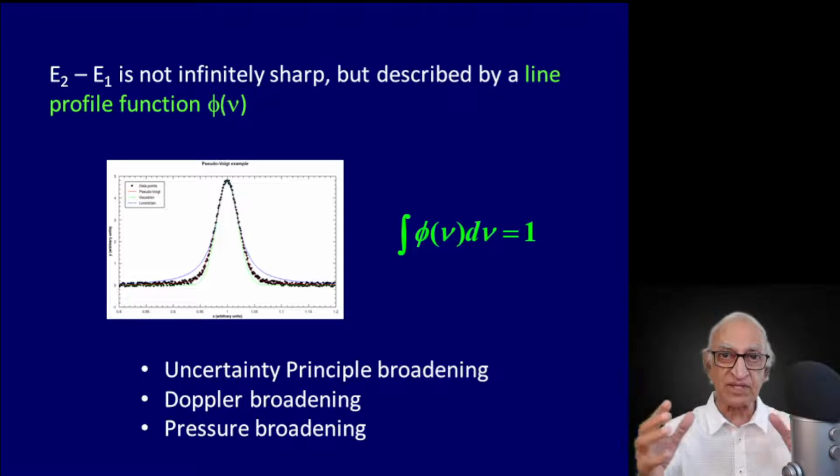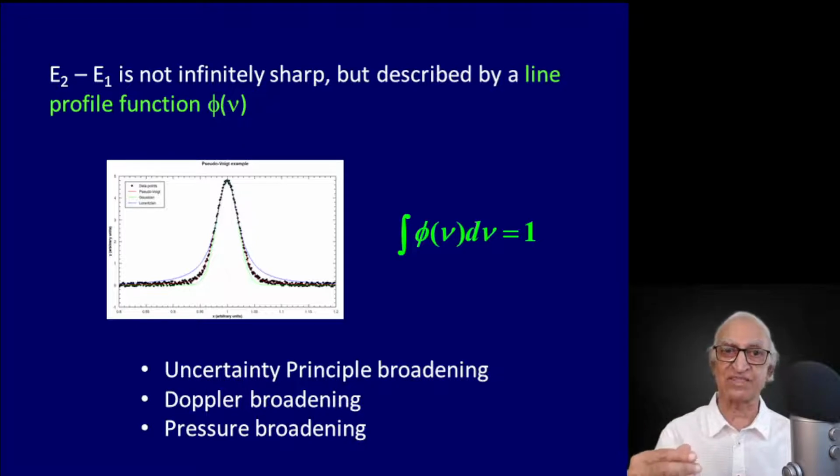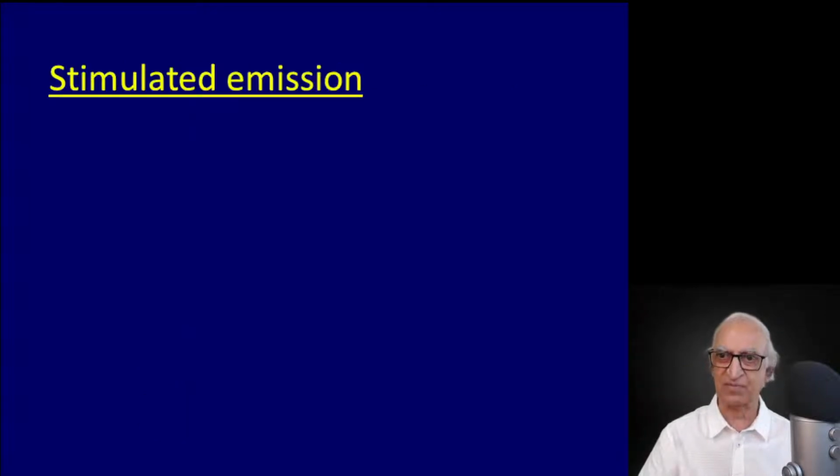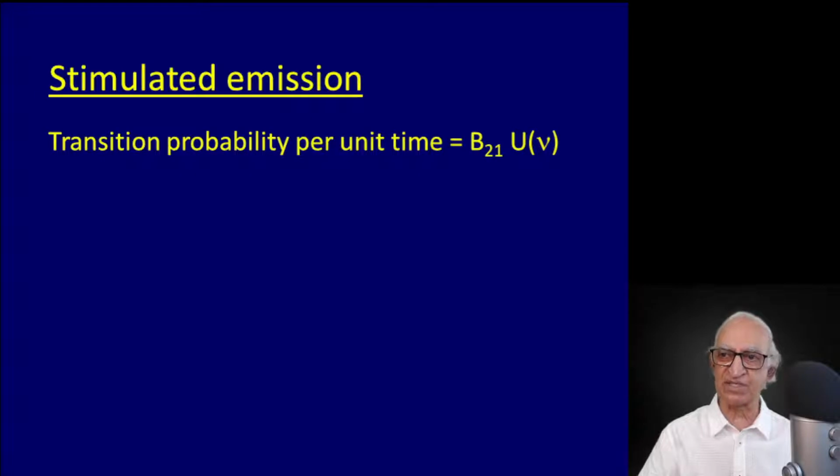Thirdly, there is also pressure broadening. If the gas is at a certain temperature, it has a certain pressure, which is nKT, and the pressure also leads to broadening. If you have not read about these things, I suggest you pick up some introductory book on modern physics like Rittmeyer and Kennard and Lauritsen or Feynman lectures and read about the various reasons why an absorption line or an emission line has to have a certain width. You can't get away without it. Now let's go to stimulated emission.